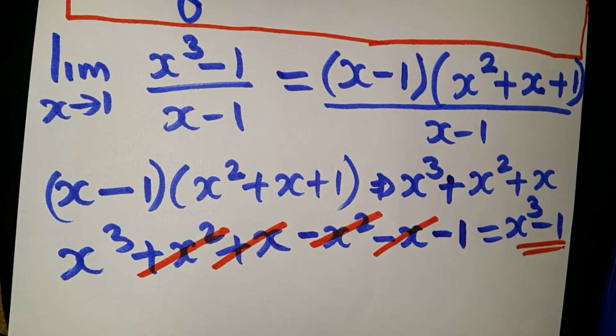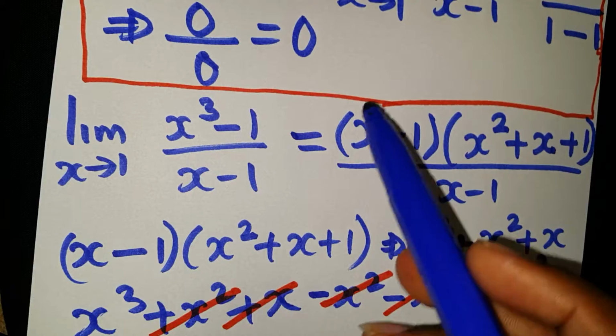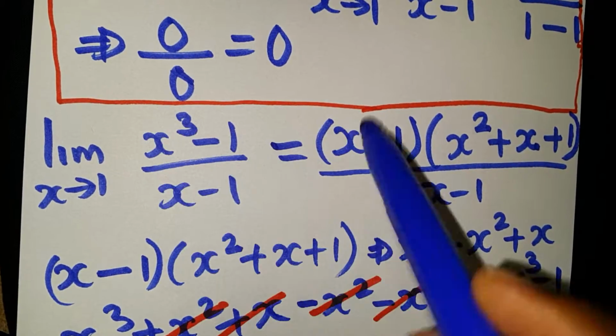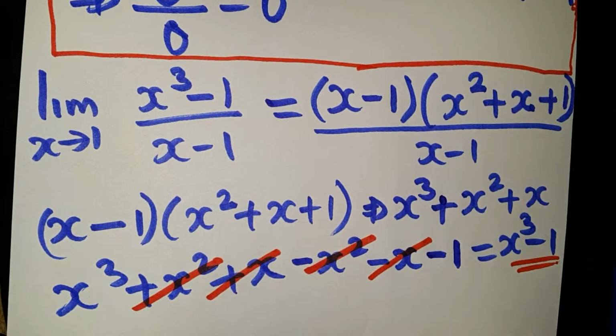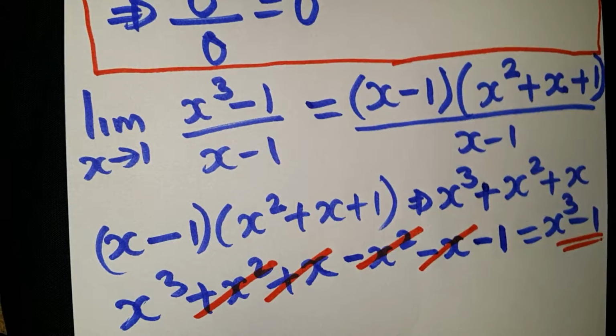As you can see, we still arrive at our function here. So that means this is the expansion of this function. We've expanded this function here, so we can proceed with our solution. Let me write it here.